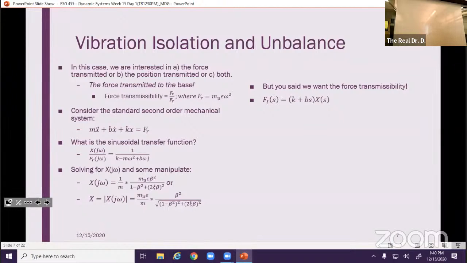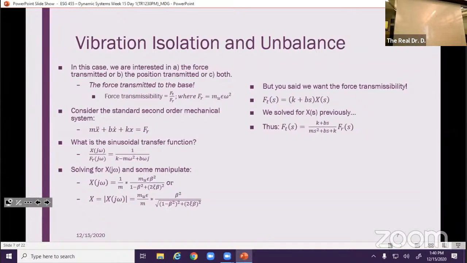Well, if F sub R is M sub U epsilon omega squared, the stuff that's left is k plus bs. We solved for x of s previously, over here, x of j omega, so we'll plug that into our equation. We get this, and look, there it is. That's what we got.